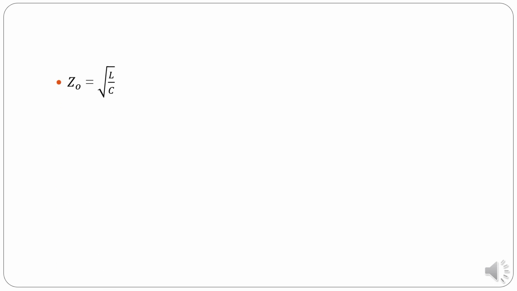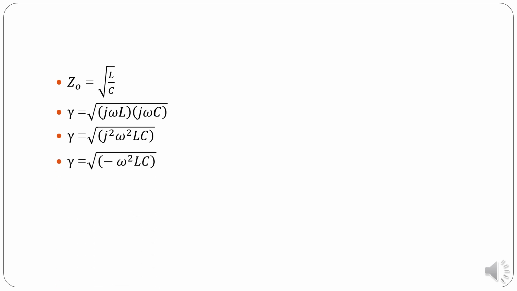From this value we can understand that the characteristic impedance is expressed in terms of the square root of inductance divided by capacitance. Now if you consider the value of gamma, gamma is equal to square root of J omega L into J omega C. If you multiply both, you will get J square omega square LC, and finally you will get gamma equal to square root of minus omega square LC.